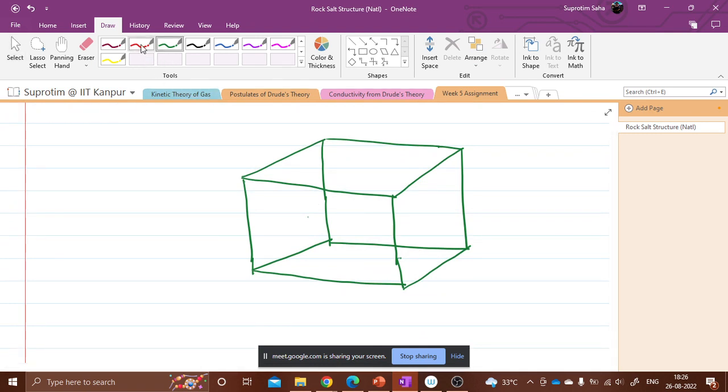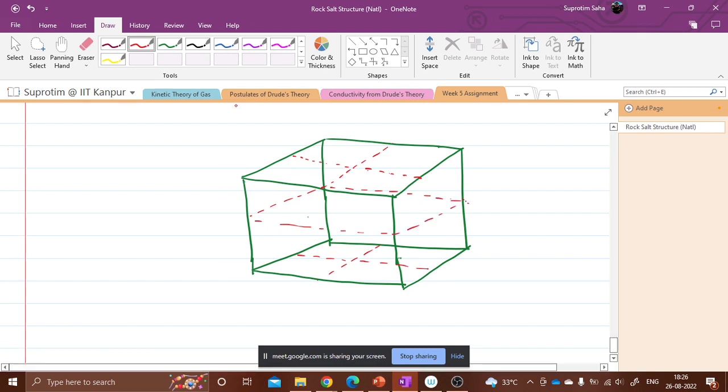This is very simple. You divide this into half, divide this into half, divide this into half. You also divide this into half, divide this into half, and in the middle you also have a division. This will also divide, right?